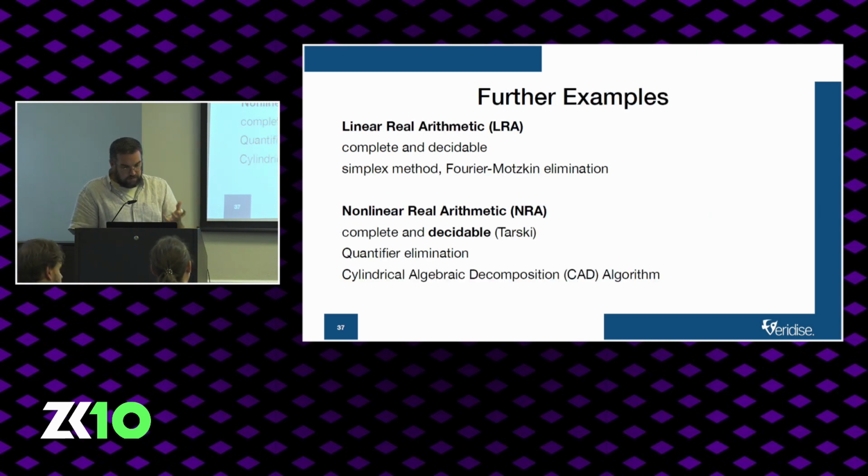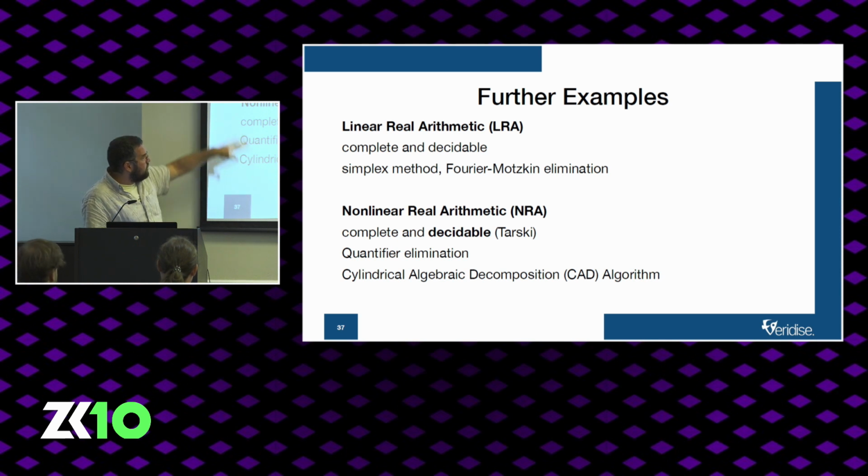Or, to give an example that's easier to visualize, if you work over the real numbers with just linear real arithmetic, then you would be reasoning with methods like the simplex method. If you include nonlinear real arithmetic, which is very interestingly decidable by itself, you can find algorithms to solve whether a formula in this theory is satisfiable, using quantifier elimination.